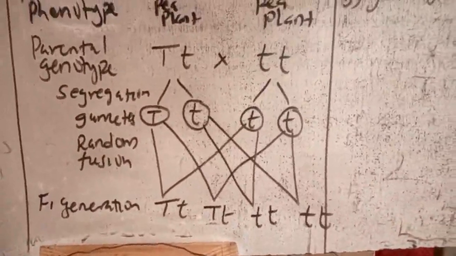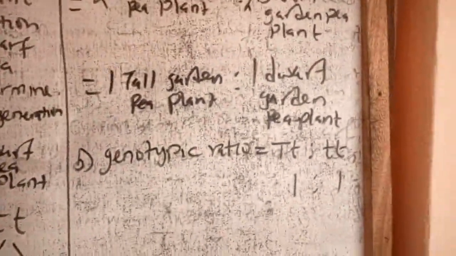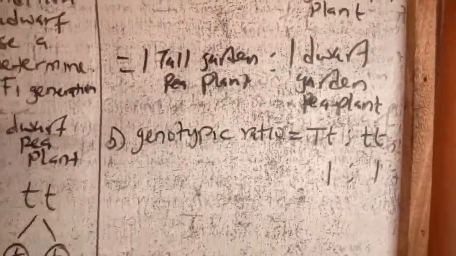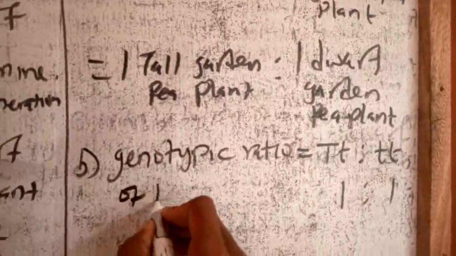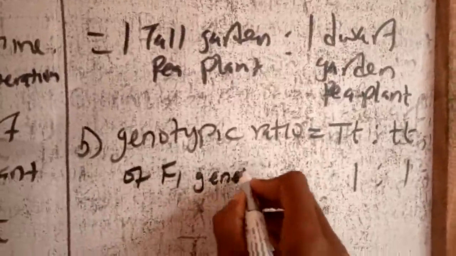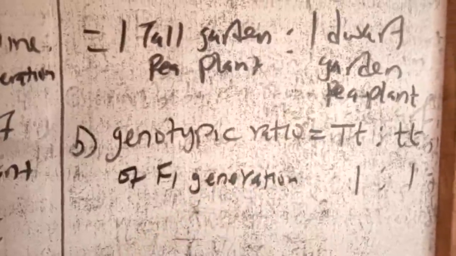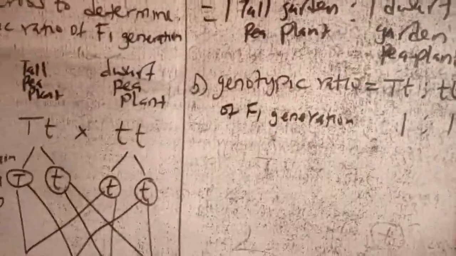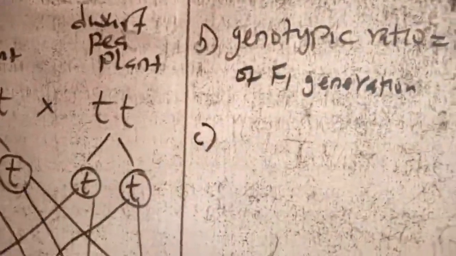And therefore, after simplification, you will end up getting the answer of genotypic ratio of F1 generation being 1 is to 1.